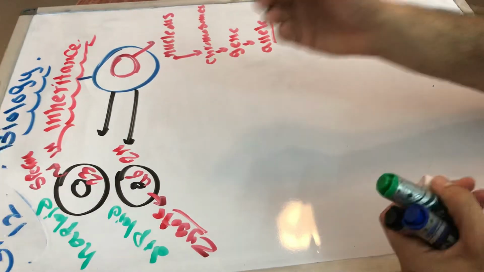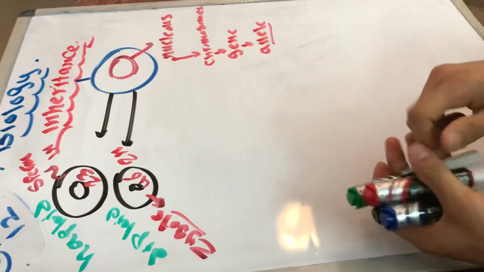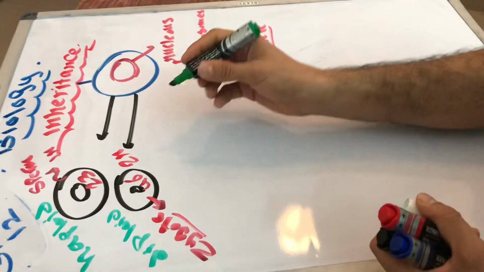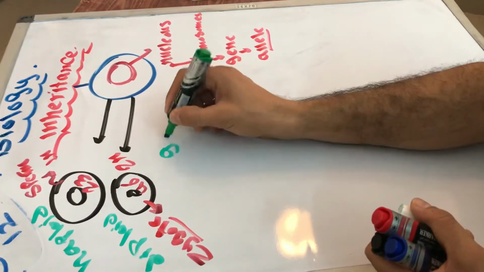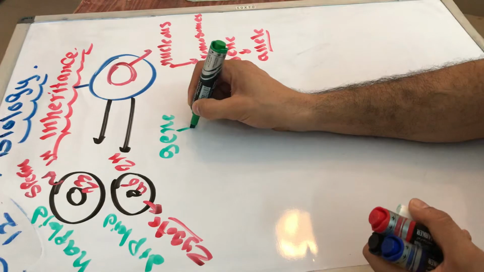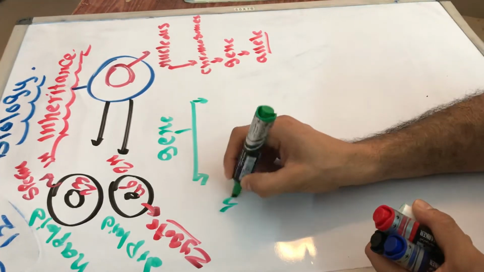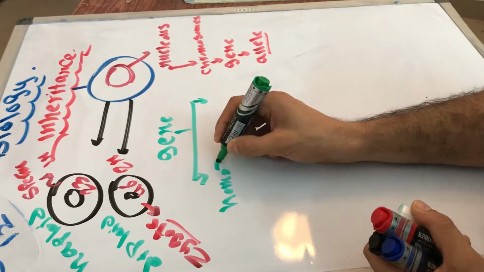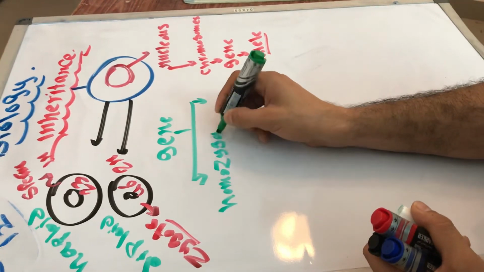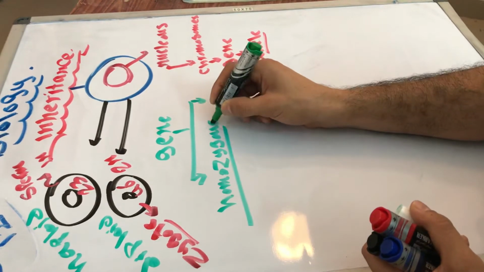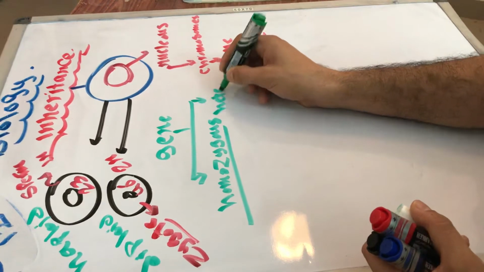There is also another part, for genes. They have two kinds: homozygous and heterozygous.